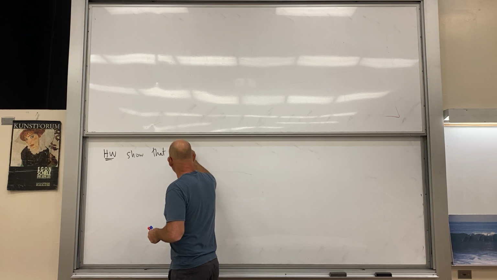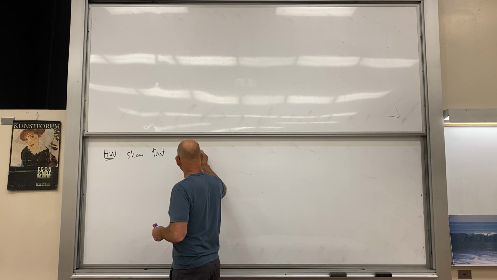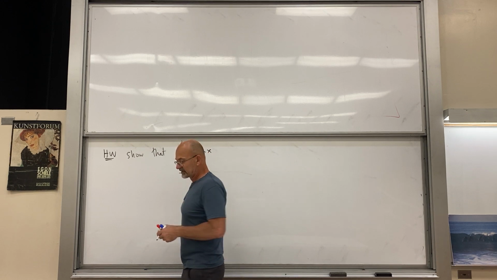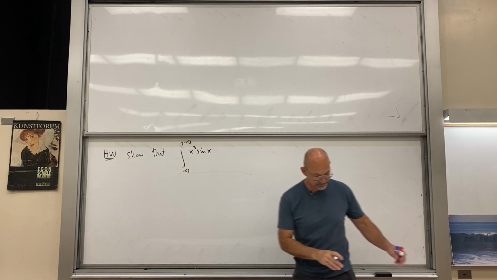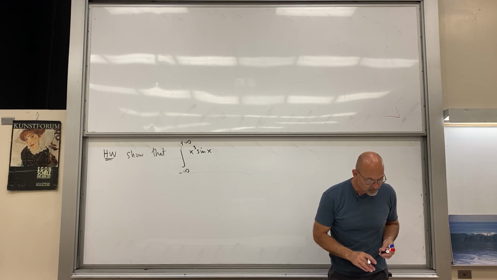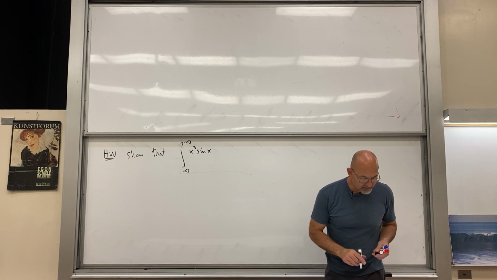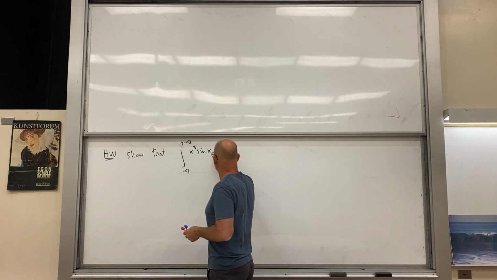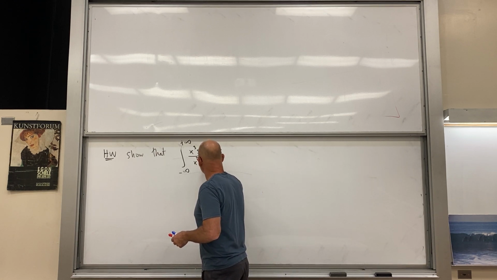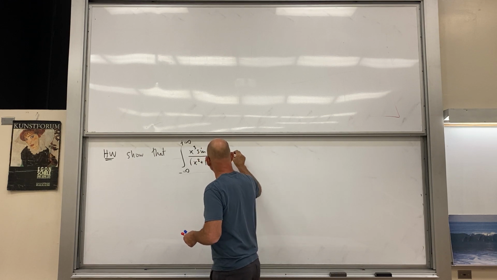So show that the integral from minus infinity to plus infinity of x to the third sine of x dx over x squared plus 1, the quantity squared.